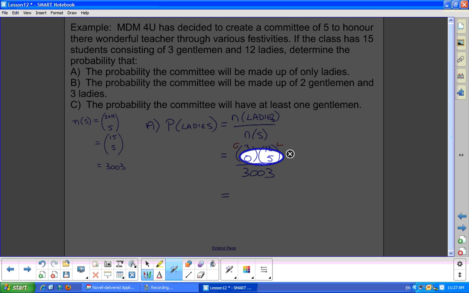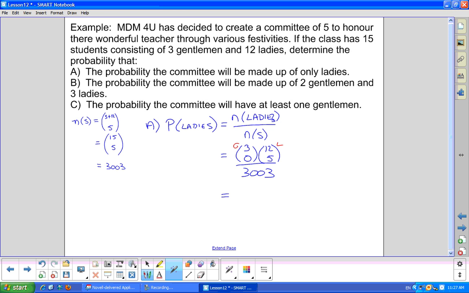The bottom, or the second number in the combination, always has to add up to how many people you're selecting for your committee. Now it's just calculator work. Anytime you have something choose 0, that always goes to 1, so you don't have to punch that in. But 12 combination 5, we get 792.